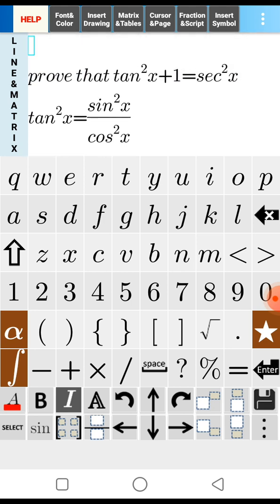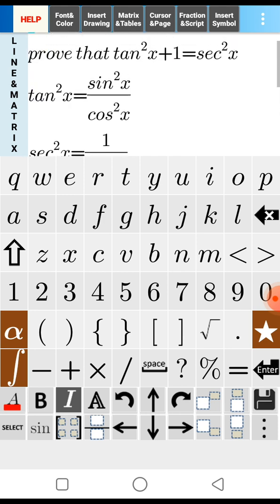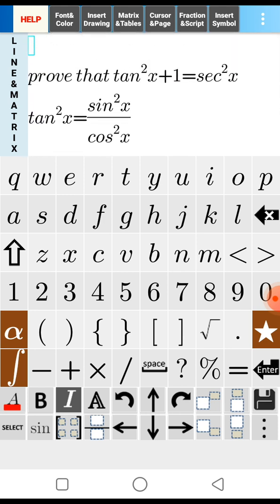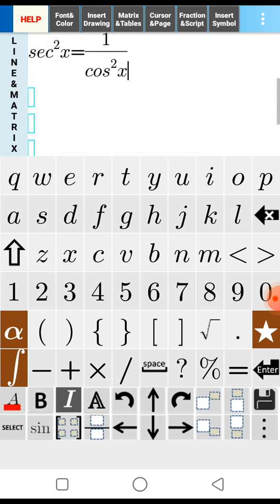After knowing all this, we are going to take tangent square x plus 1 and see whether it will be equal to secant square x.